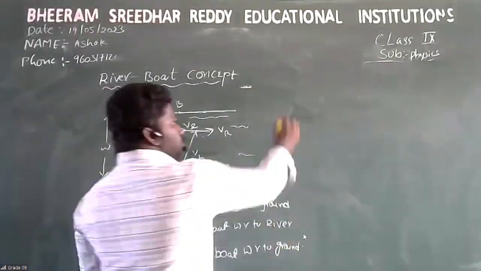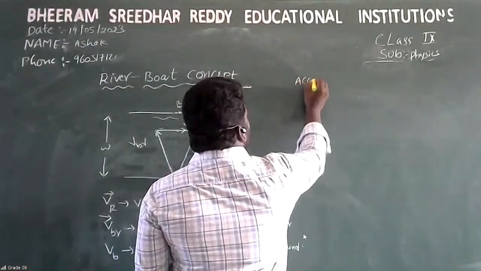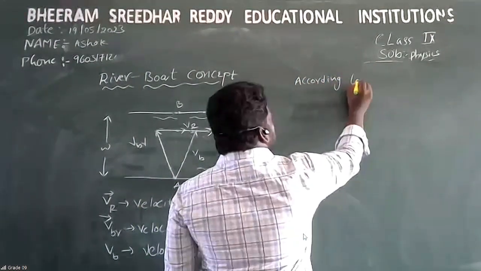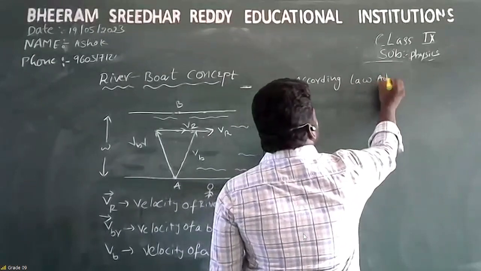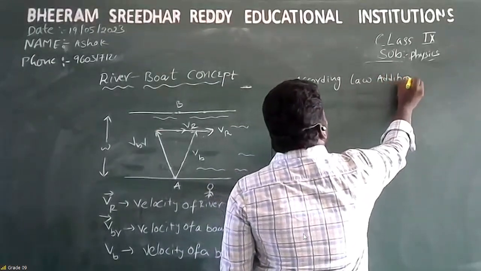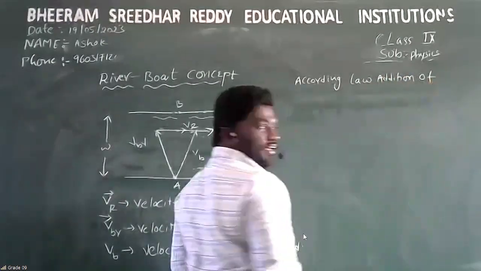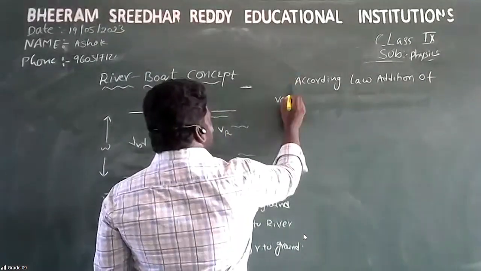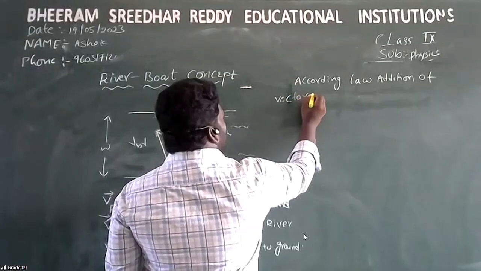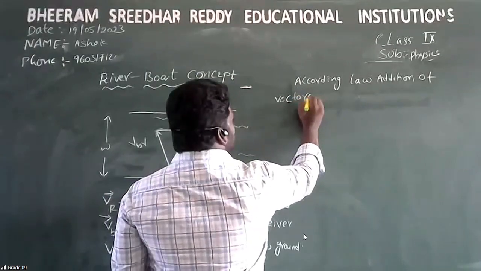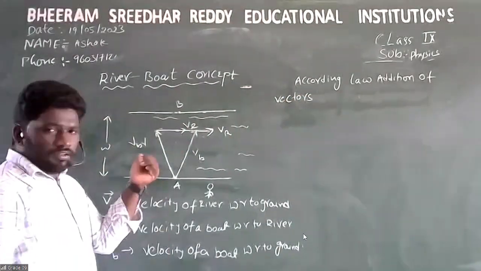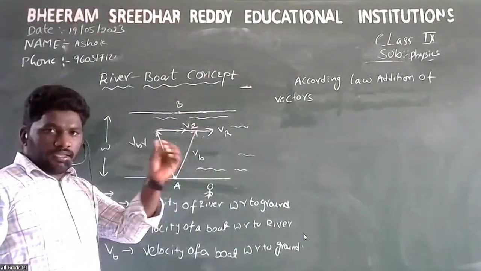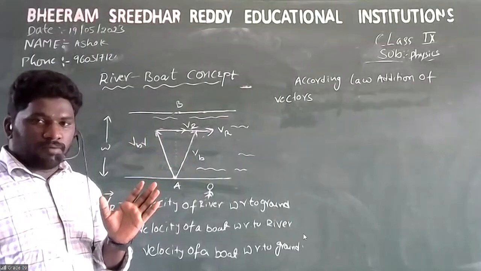According to the law of addition of vectors, specifically the triangle law of addition of vectors, VBR plus VR is equal to VB. Do you remember the concept?